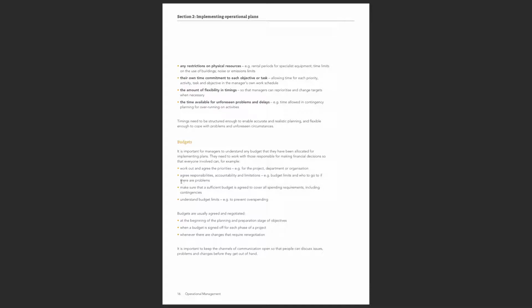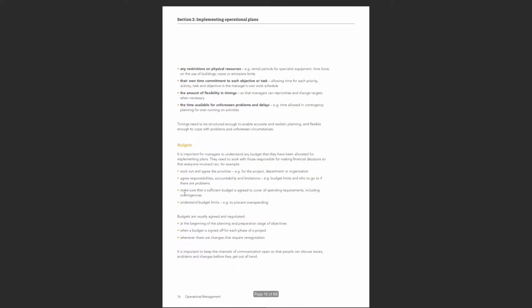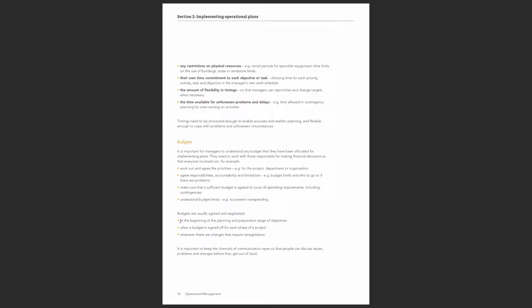Agree on responsibilities, accountability, and limitations like budget limits, and who to go to if there are some problems. Make sure that a sufficient budget is agreed to cover all spending requirements, including accidents. Understand budget limits. Please remember that you don't want to overspend while implementing a new plan.